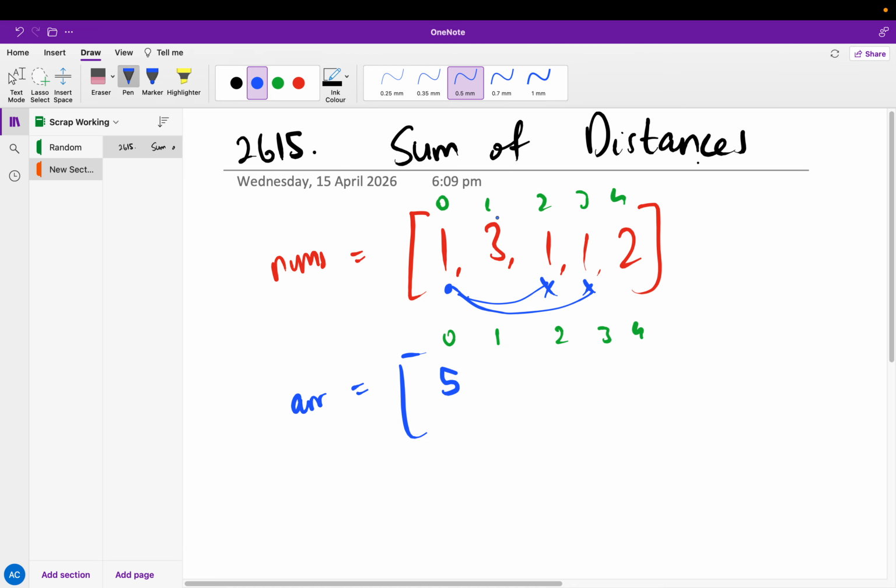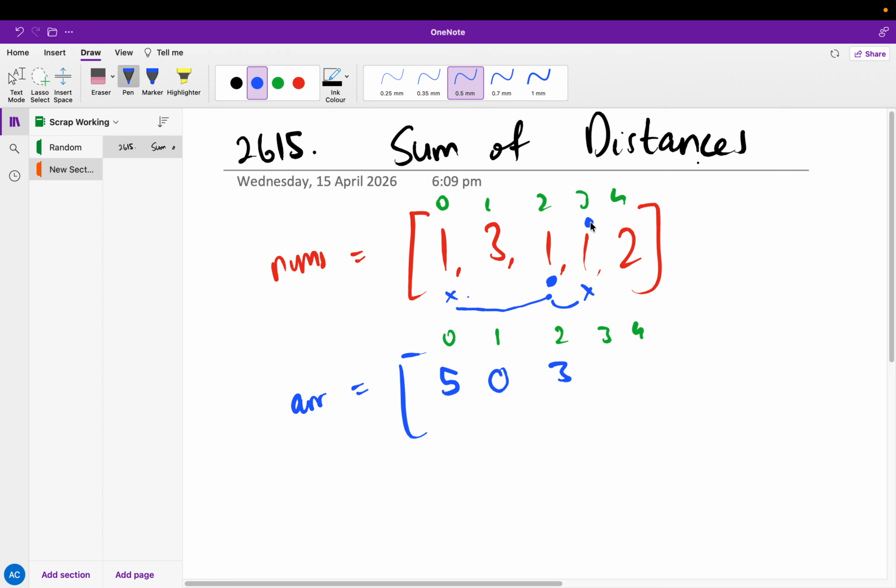If I look at index 1, I'm looking for all the 3's. There are no other 3's, so this should just be 0. Looking at index 2, I'm looking for all the other 1's, which are here and here, so the distances are 2 plus 1 gives me 3.